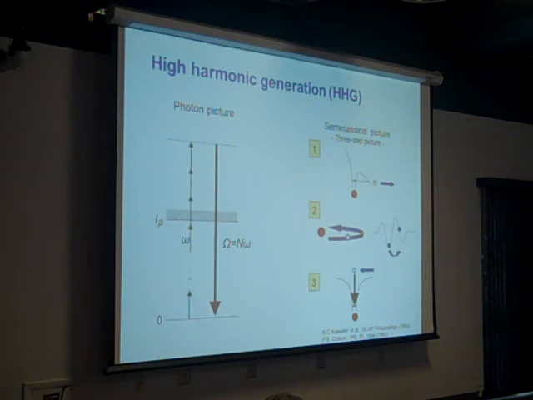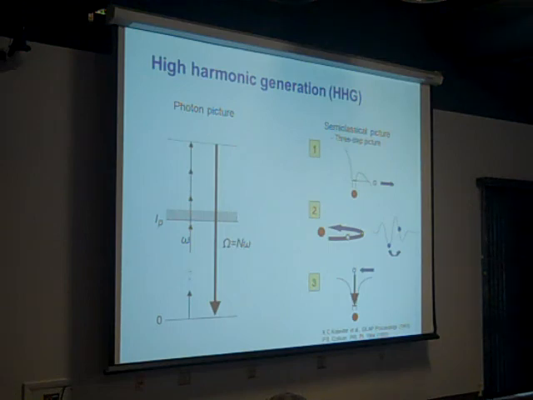This you can even calculate fully classically. There are certain conditions under which the electron can return to its parent ion. Now, if it returns to its parent ion, it has gained a certain energy, and this energy it can release when it goes back into the ground state. So also with this one, we have high harmonic generation.